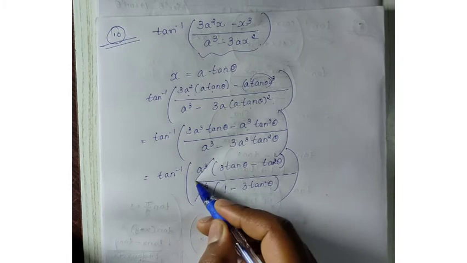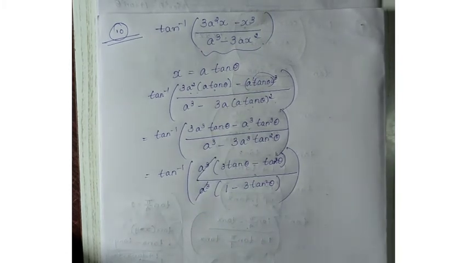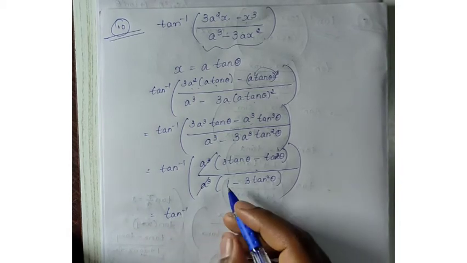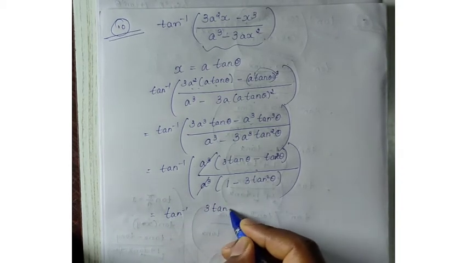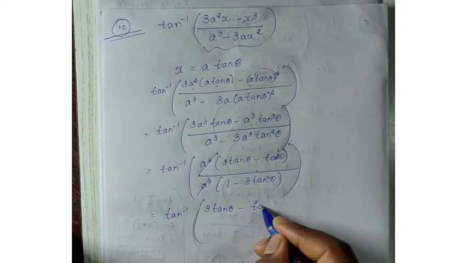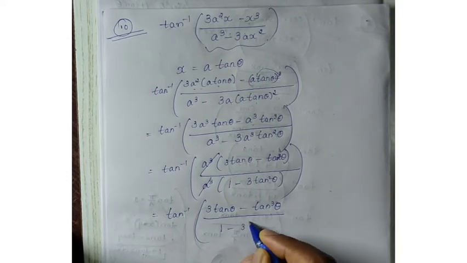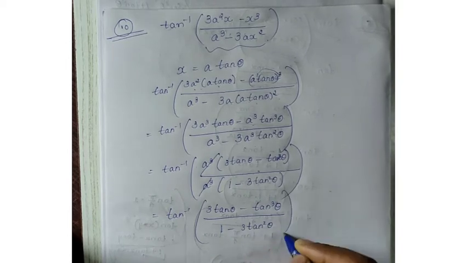So now I'll cancel out a cube both in the numerator and denominator. Therefore, you will be with 3 tan theta minus tan cube theta divided by 1 minus 3 tan square theta.